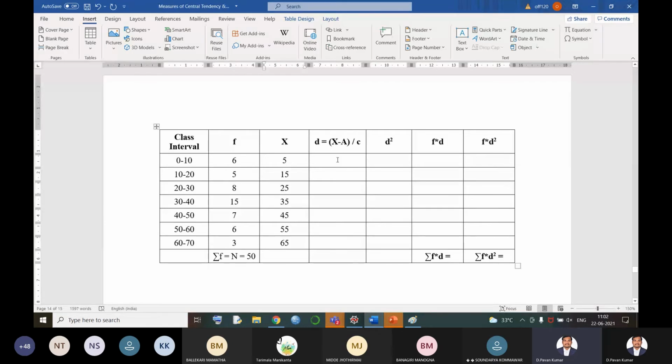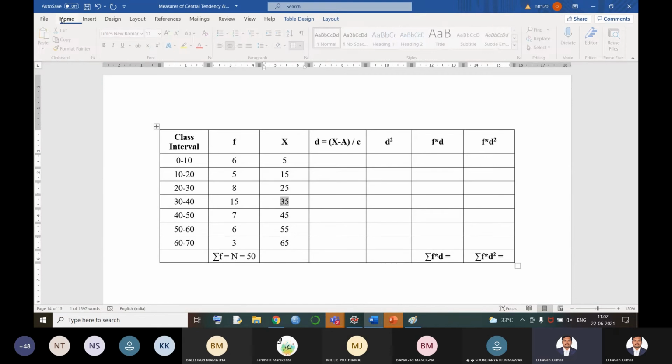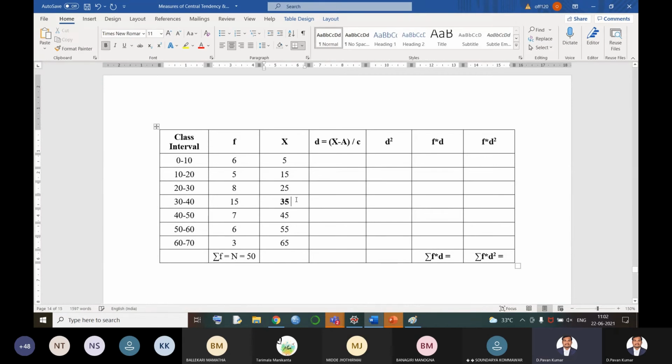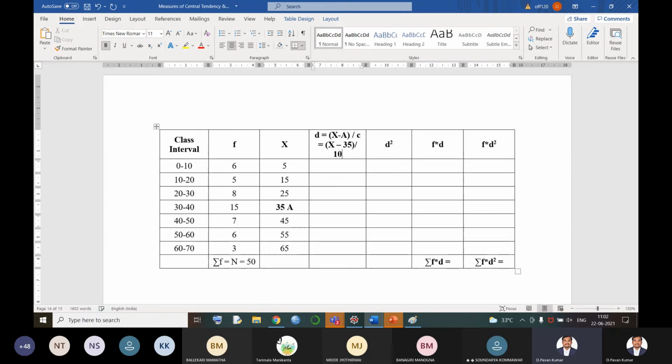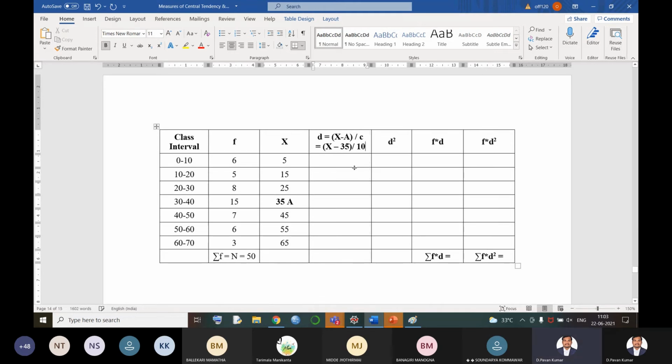Now finding the d value, let me assume a value as 35. So I am taking a as 35. The generalized formula is d equal to x minus 35 whole divided by the width of the class interval, which is 10.